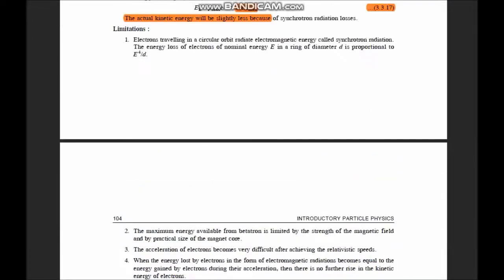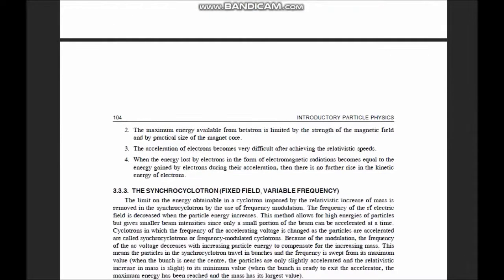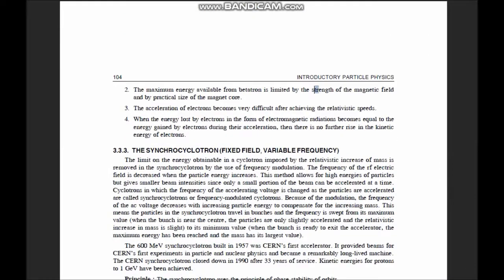And the maximum energy we can give to the electron will depend on the strength of the magnetic field. The strength is limited by how much size we use for the magnetic core. And because of relativistic speeds, which are attained very easily for electrons, being light particles, acceleration becomes very difficult.